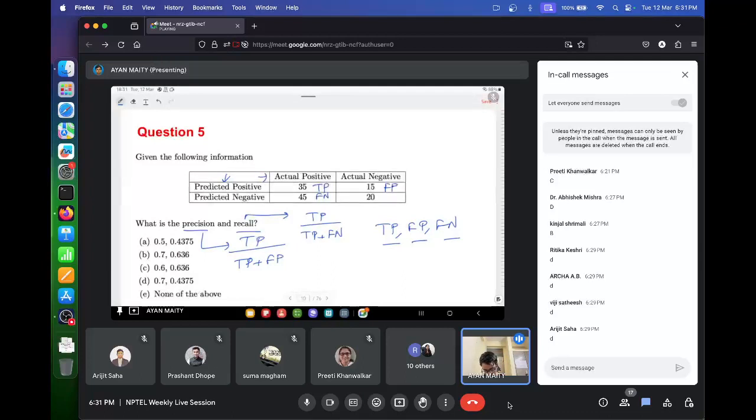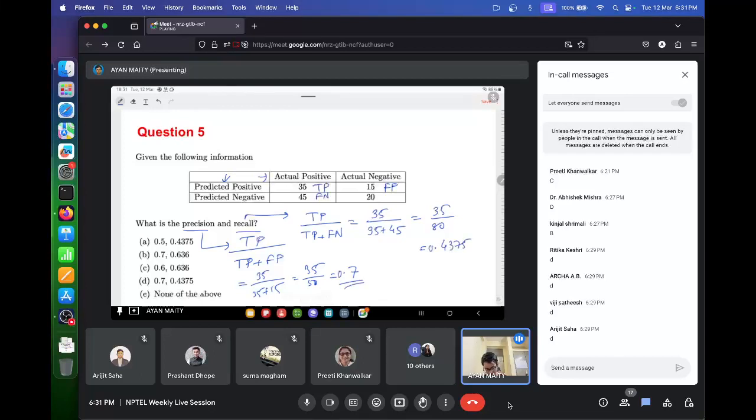So from this we can compute precision. Precision would be 35 divided by 35 plus 15, which is 35 by 50, which is 0.7, and recall would be 35 divided by 35 plus 45, which is 35 divided by 80, and I think it is 0.4375.